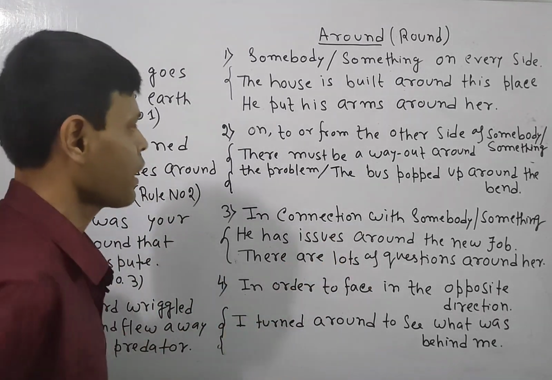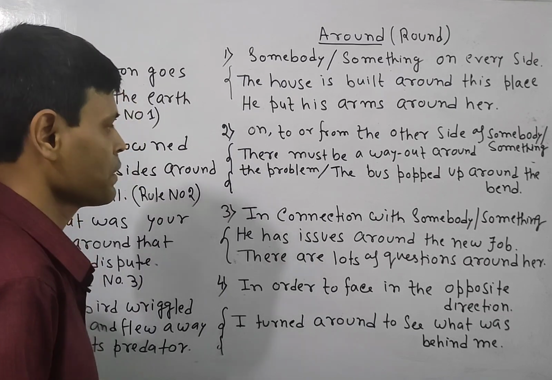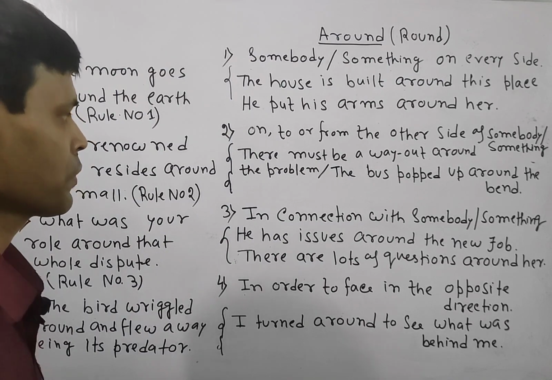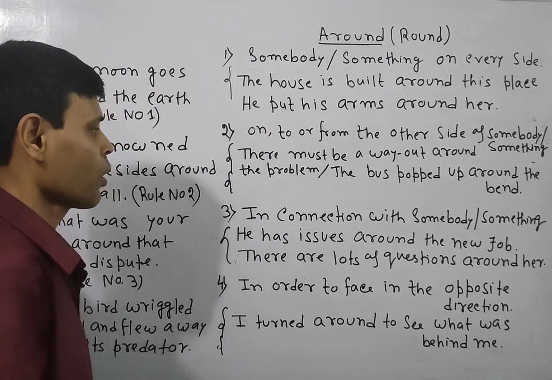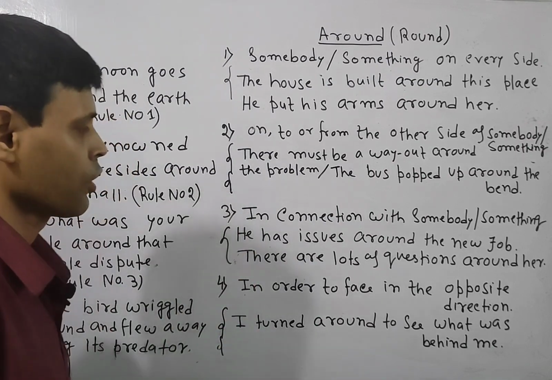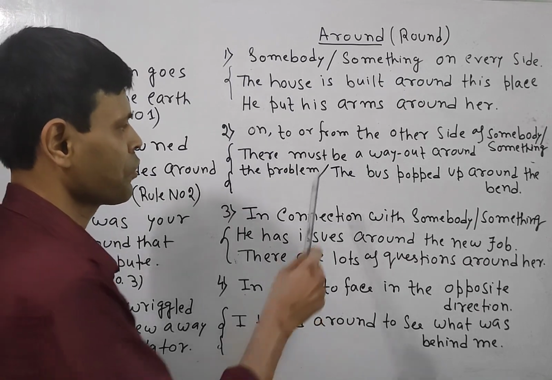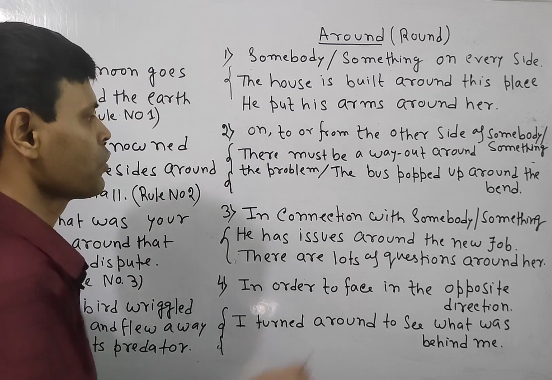There must be a way out around the problem means there must be a solution from the other side of the problem, or there must be a way out on the other side of some problem.